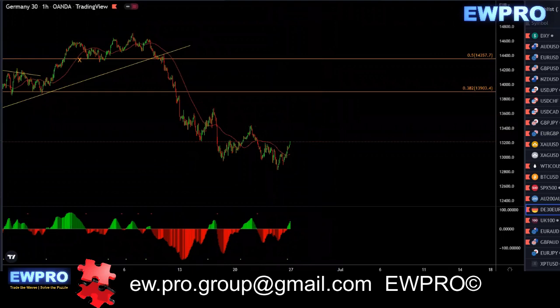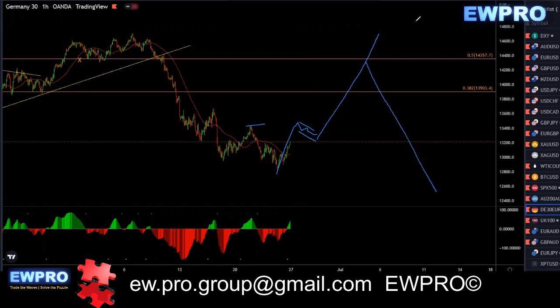This is looking rather impulsive, so it's looking quite good. If you get a break above there, then the correction, then it'll be a nice buy. But then we'll be looking for that Z down too. So you'll just be looking for an A, B, C, A, B, C.